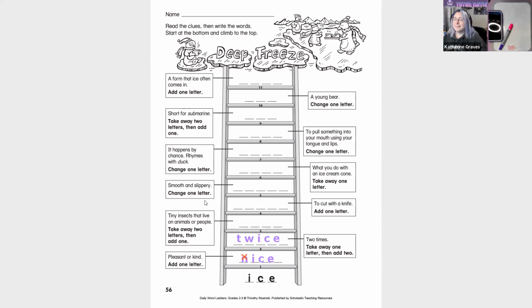All right. Tiny insects that live on animals or people. Ooh, and they're kind of gross. Take away two letters. These are the two letters you take away. And you're going to add one letter. Most of the time, they live in your hair. They're gross little bugs.